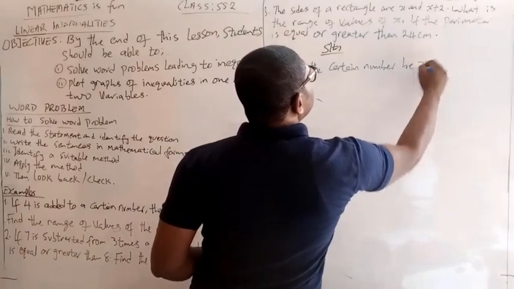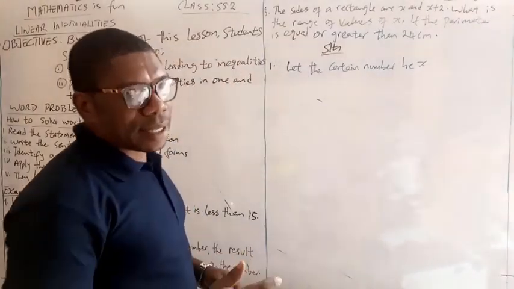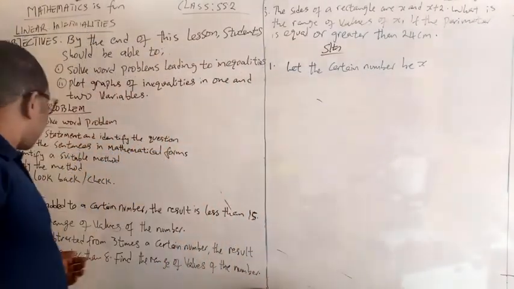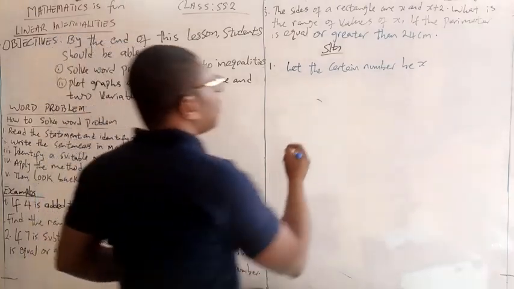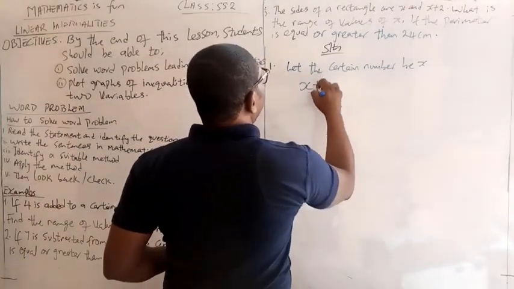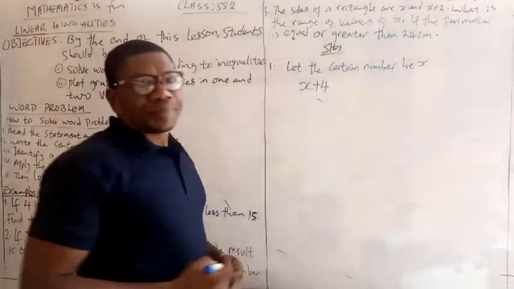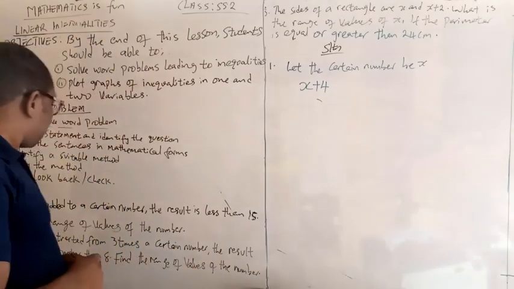Let the certain number be x. Now, if the certain number is x, and 4 is added to it, you have x plus 4.